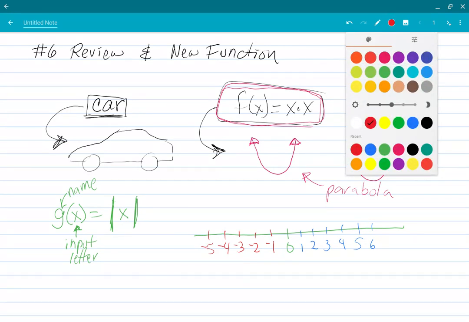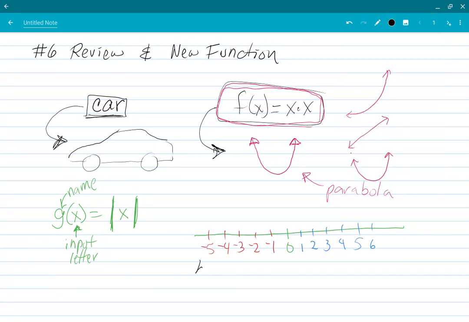Ready? I'm going to say, how far, put black, how far is 5 from 0? Okay. So how far is 5 from 0? Everybody? 5.